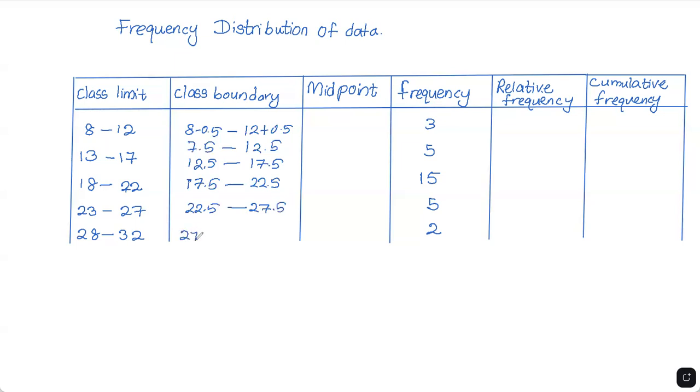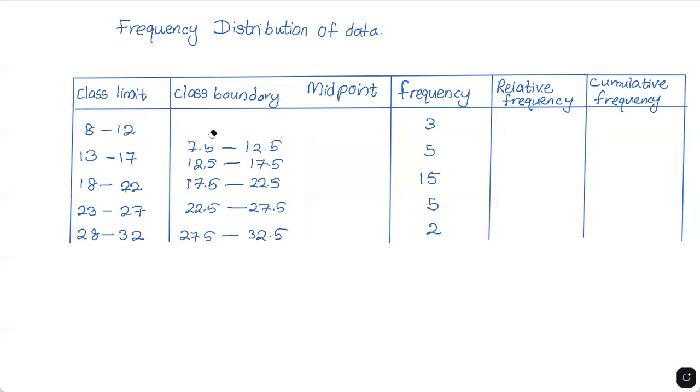And then 27.5 and 32.5. As you can see now, there are no gaps between the upper limit of the first class and the lower limit of the next class. So these are the class boundaries.